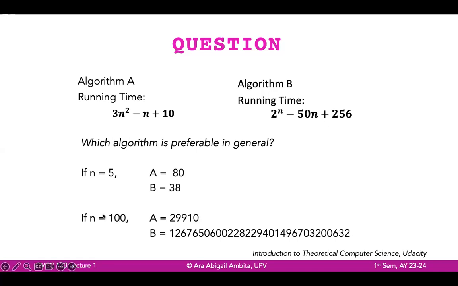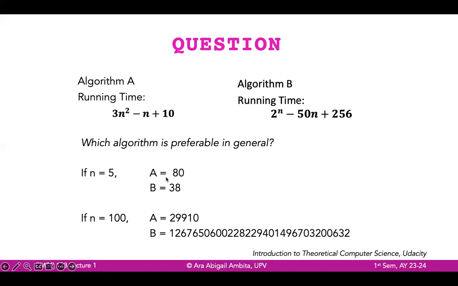So if you have an input size n equals 100, algorithm A, which has a quadratic form, will have a running time of 29,910. But for 2 raised to n, that will give you this much.